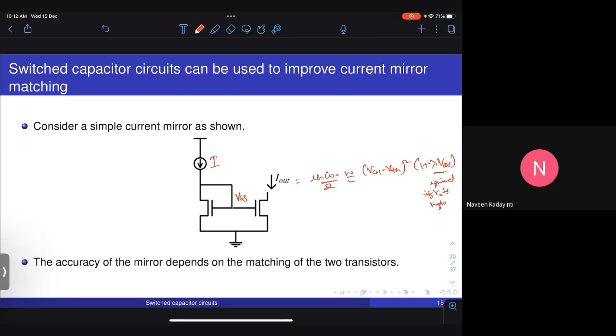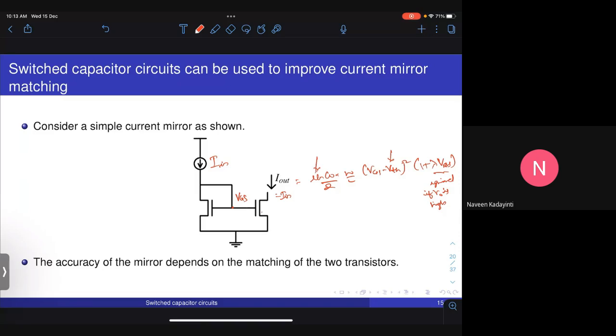And if both these transistors have the same mobility and the same threshold voltage, then both these currents, IN and IOut, will be equal. So this will be equal to IN if both the transistors are well matched.